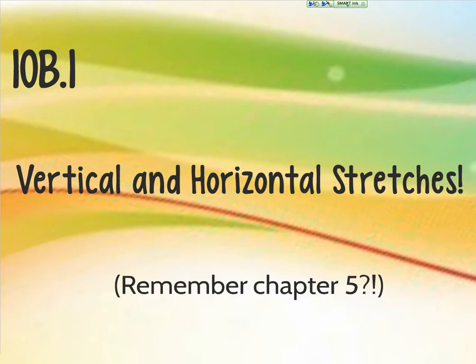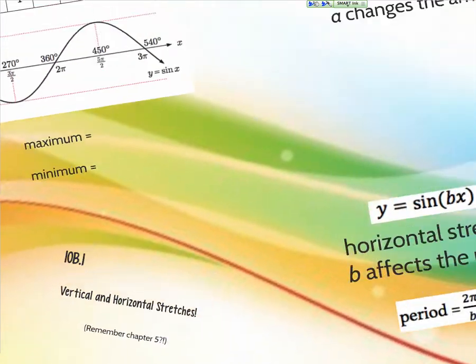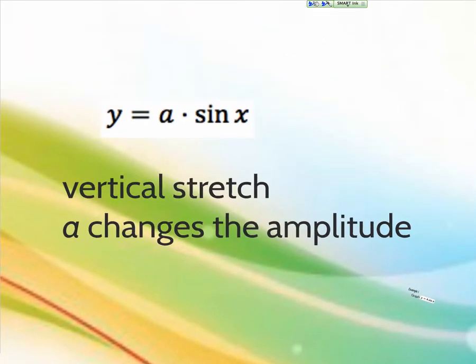So we're going to split them up into the vertical and the horizontal and look at them on the function and on our graph. When you multiply a letter out front, remember, multiplying indicates a stretch, and when it's outside of the function, it affects the y coordinate, back from chapter 5. So it's a vertical stretch. When we're multiplying in front, it's going to stretch that amplitude up, or we could shrink it down.